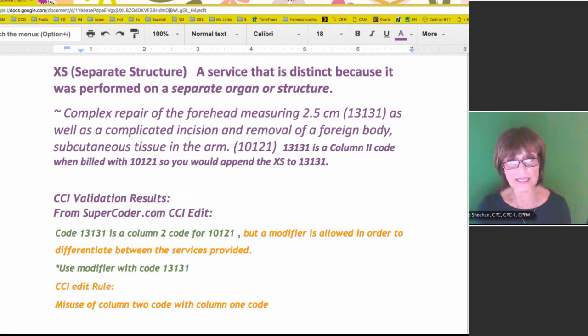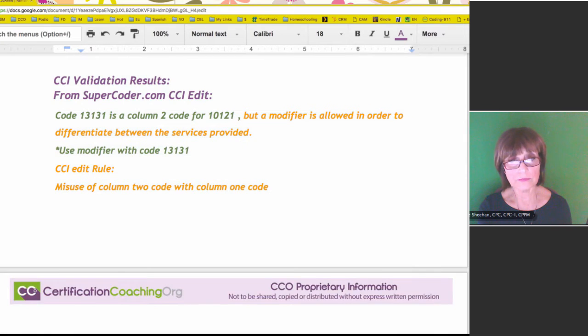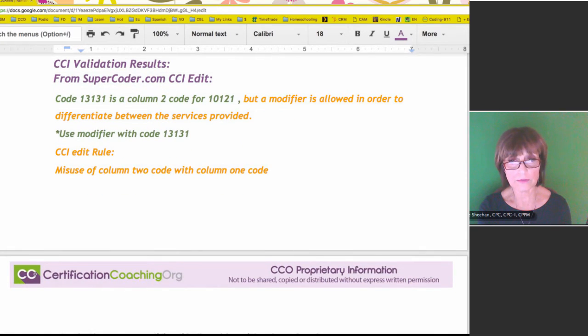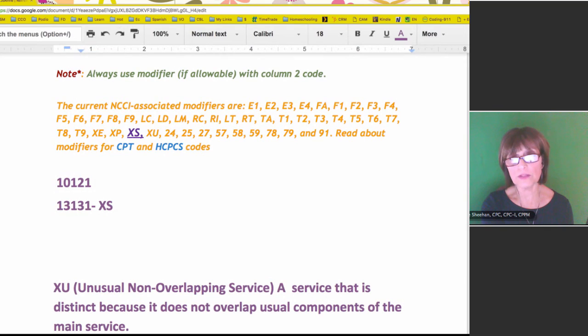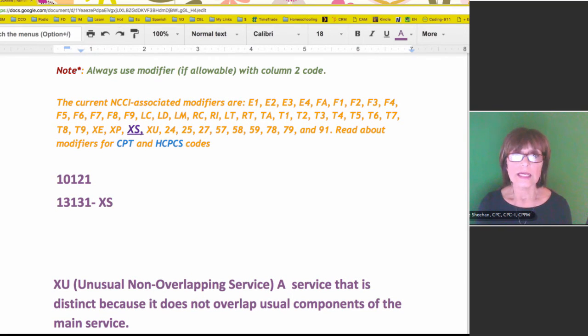You can see the example on the next page. Here, the 10121, and then you would append the 13131 XS. And again, if any of these other codes applied, you could use that instead of the XS, but this is definitely a good example of how that would work.